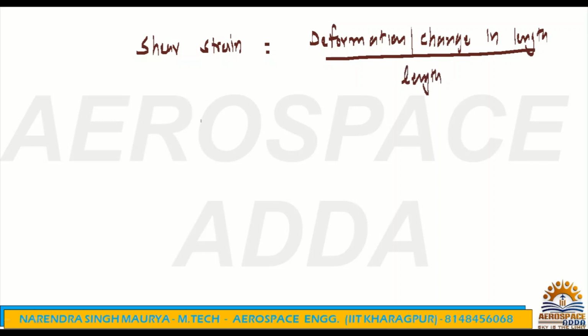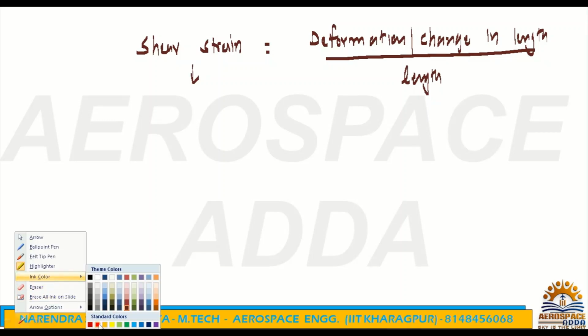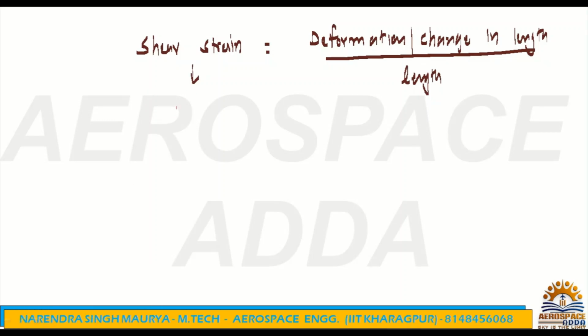So shear strain, you can also write, is deformation per unit length.